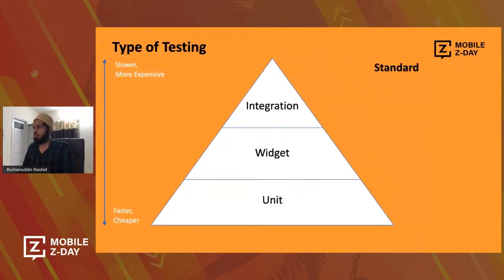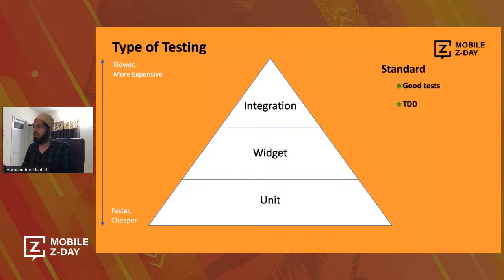This standard approach works fine when you already have good tests in place in the project you are working on, and if you are following TDD practice from the beginning. If you are starting from a project where all these things are already there, then it's very easy to maintain this pyramid structure.